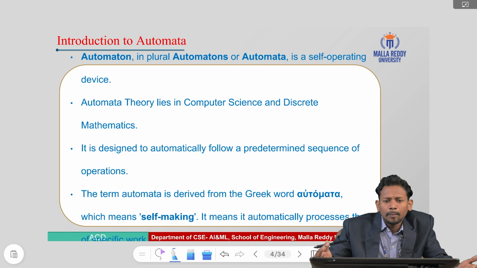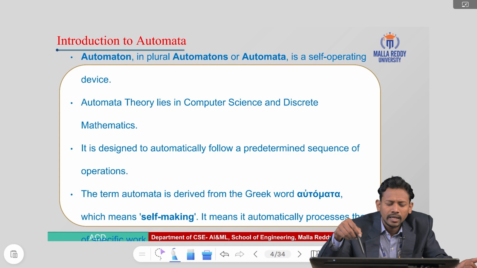To implement compilers, the basic thing we need is automata. Automaton, in plural automatons or automata, is a self-operating device. Automata theory lies in computer science and discrete mathematics. The term automata is derived from the Greek word automata, which means self-making.